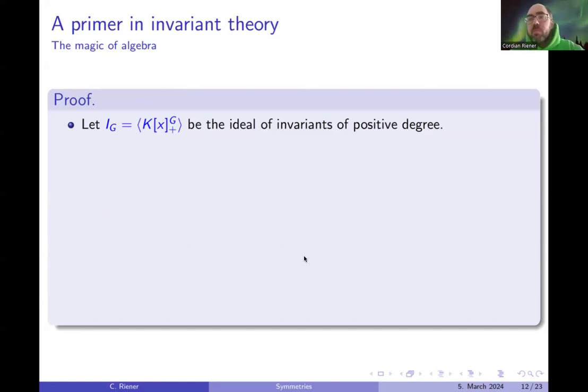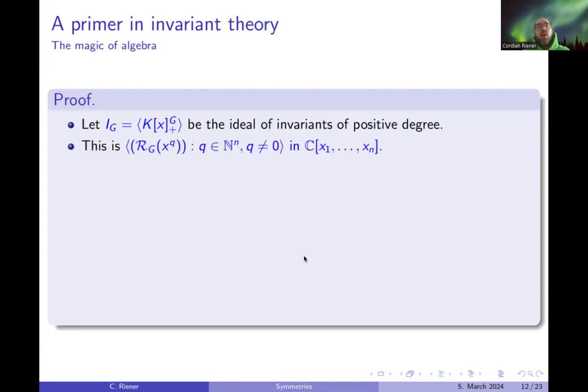I take the ideal that is generated by all the polynomials of positive degree, and by ideal I mean the ideal generated in the polynomial ring. I have the polynomial ring, my invariants are a subset, and now I look at the ideal that they generate. Another way of saying this is that I look at the ideal generated by the Reynolds operator of all monomials.